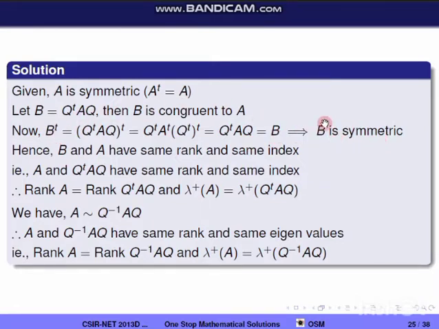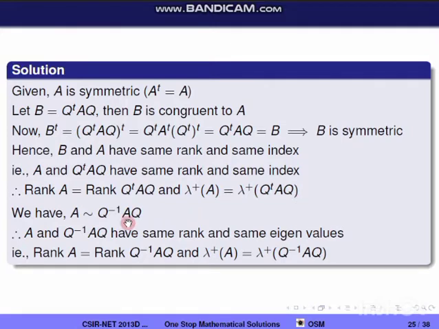We already got B is congruent to A and B and A are symmetric, that is B and A are symmetric congruent matrices. So using concept 2, B and A have same rank and same index, that is A and Q transpose AQ have same rank and same index. Index means same number of positive eigenvalues. That is rank of A is equal to rank of Q transpose AQ and lambda plus of A is equal to lambda plus of Q transpose AQ.